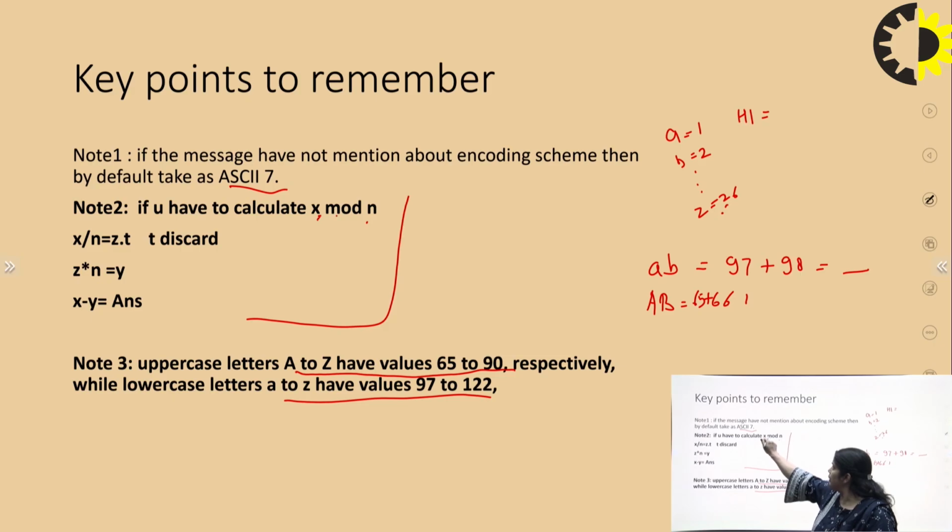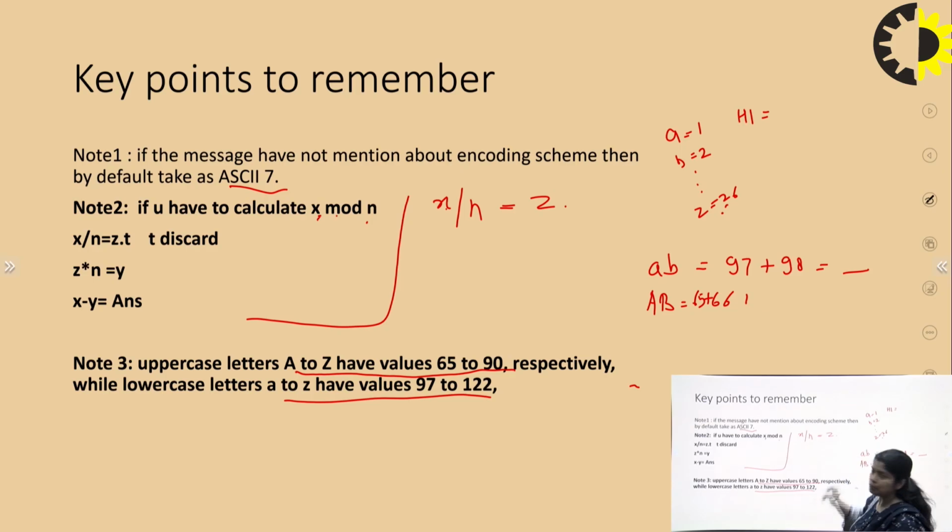For this x mod n, first you have to divide x by n. When you divide this on the calculator, there will be some integer number and some decimal part. This particular decimal part you have to discard. Keep the integer part.